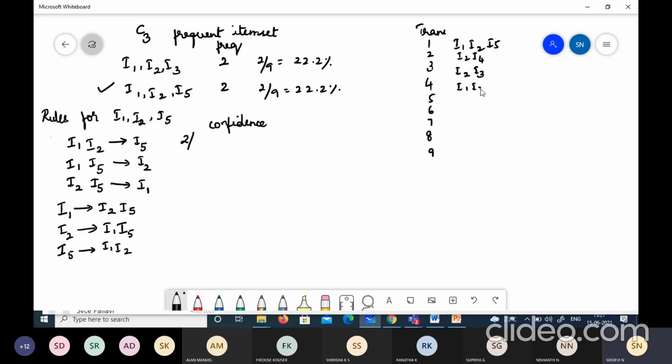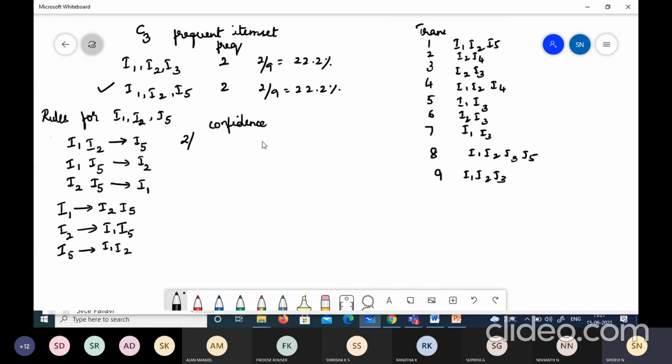Then I1, I2, I4. I1, I3, I2, I3, I1, I3, I1, I2, I3, I5, and then I1, I2, I3. 5, 6, 7, 8, 9.